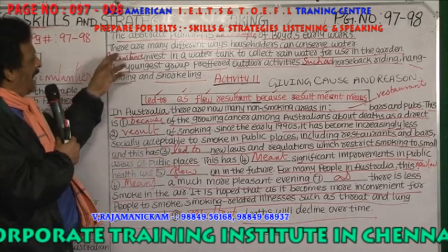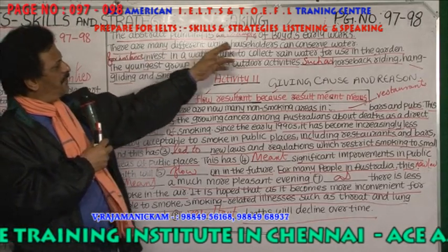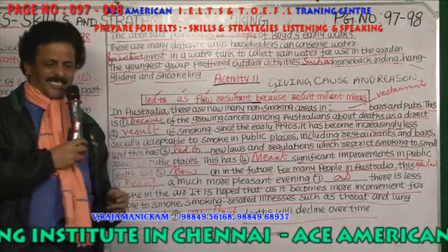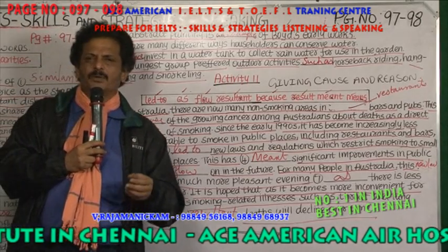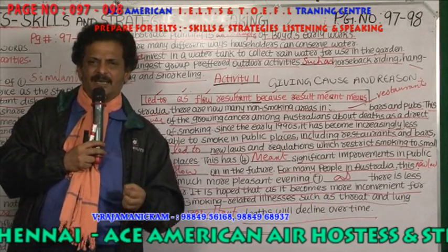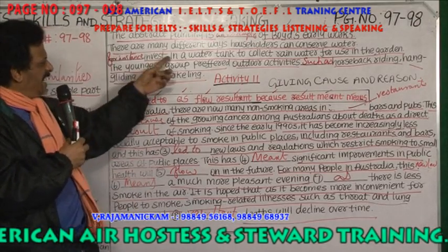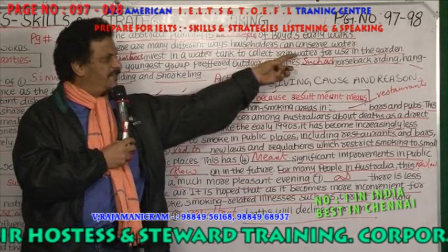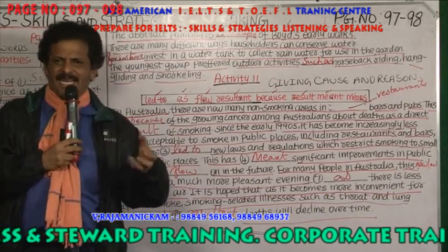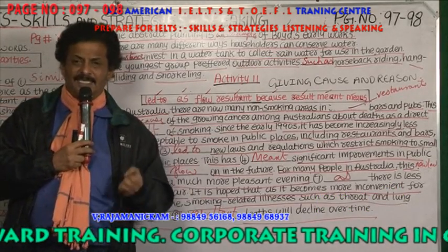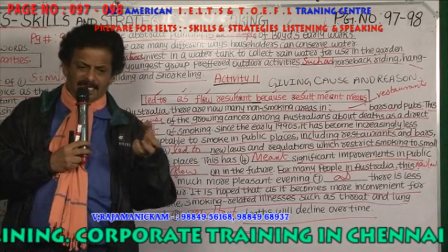அடுத்த தலைப்பு, there are many different ways householders can conserve water. ஒவ்வொரு வீட்டினரும் தண்ணீரை பாதுகாப்பதற்கு பல வழிகள் இருக்கிறது. For instance, உதாரணமாக, invest in a water tank to collect rain water for use in the garden. தொட்டி மூலமாக தண்ணீரை சேமித்து அந்த தண்ணீரை தோட்டத்திற்கு உபயோகப்படுத்தலாம்.